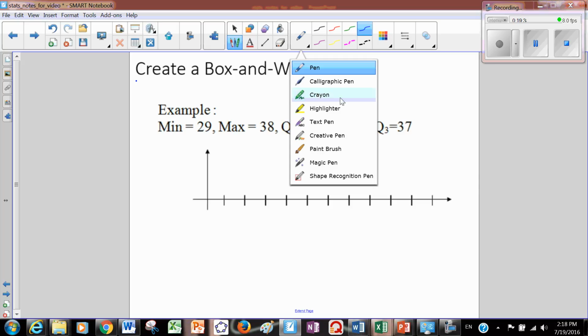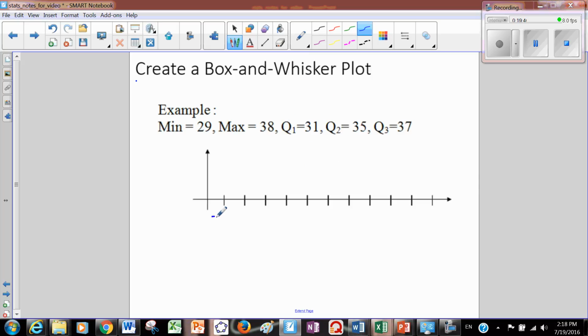So where are we going to start with 29? Could be here, 29, and we can cut the axis because we're not going by 1. And we would go by 1, so 29, 30, 31, so 31 is going to be here, 32, 33, 34, 35, 36, 37, 38. You don't have to put all the numbers if you don't want to.